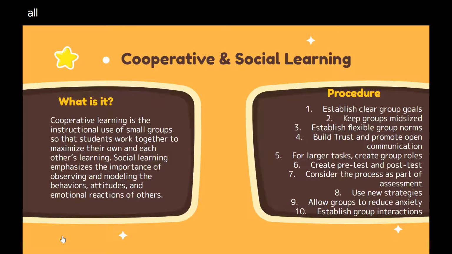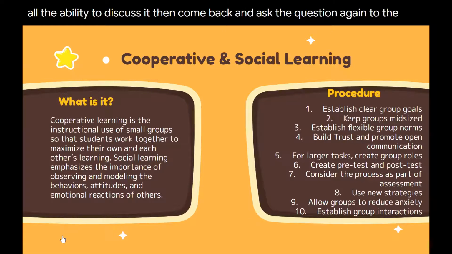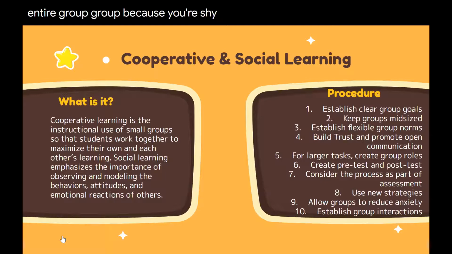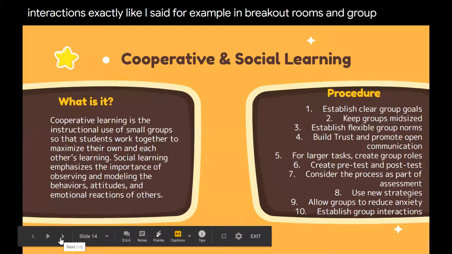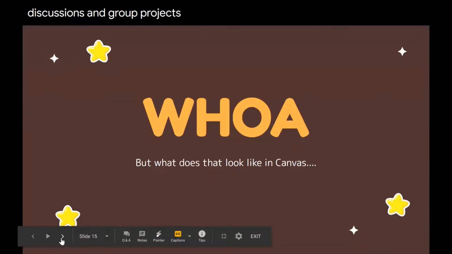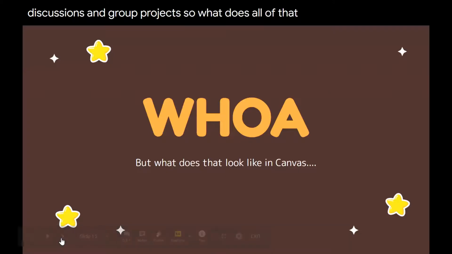Give them all the ability to discuss it, then come back and ask the question again to the entire group, because your shy student now may feel more comfortable actually answering with the larger group. And again, establish those group interactions, for example, in breakout rooms, group discussions, and group projects. So what does all of that look like in Canvas?